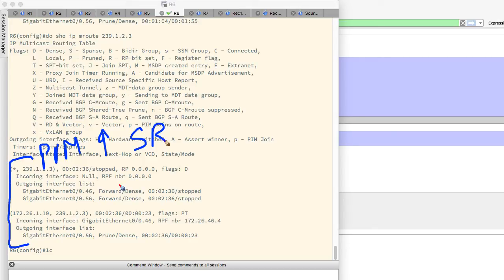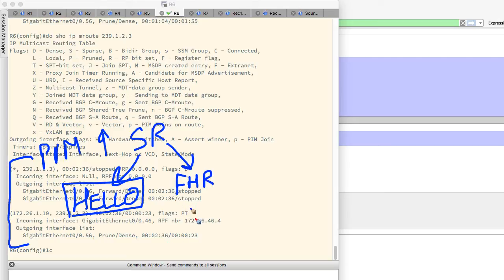There are 2 things involved with it. So first of all, you need to make sure that you have the state refresh option signaled in your hellos. Now we saw that the Cisco routers are doing this by default. The second thing that we have to do is make sure the FHR is configured to send these state refresh messages for all of the active sources.